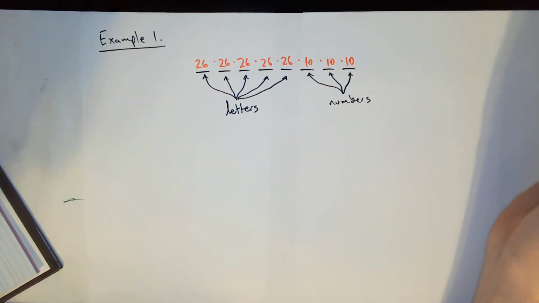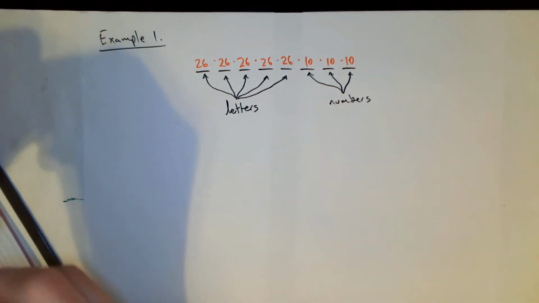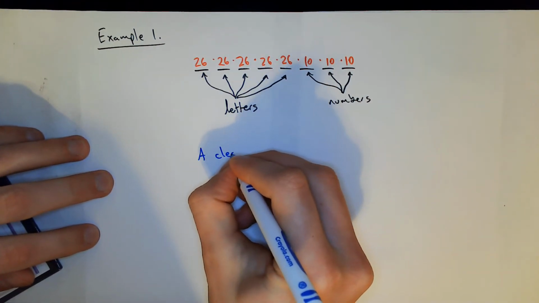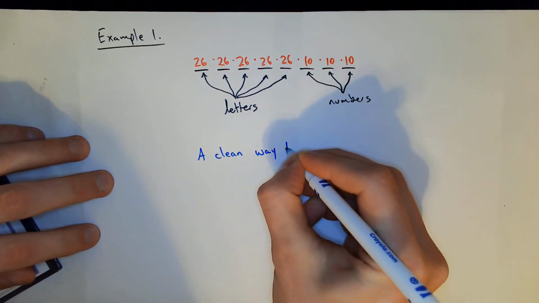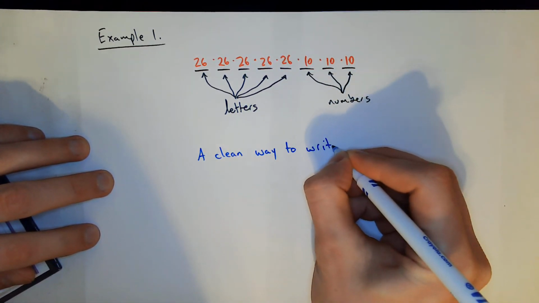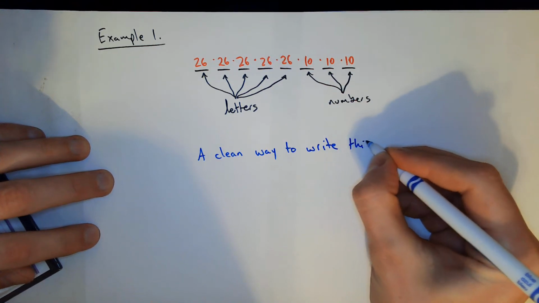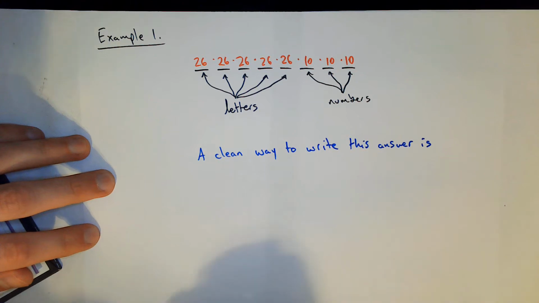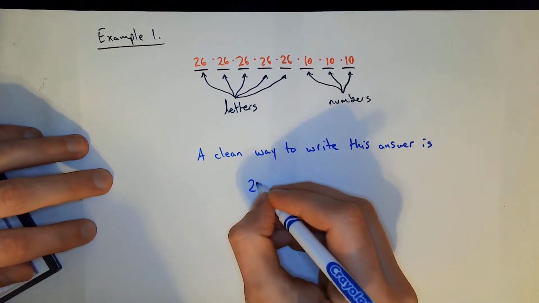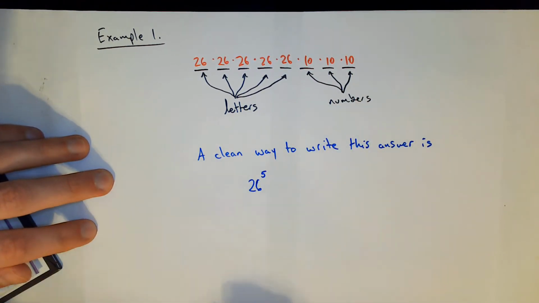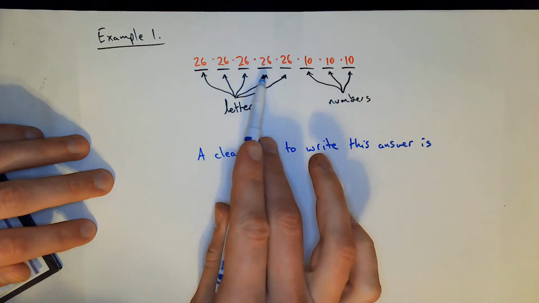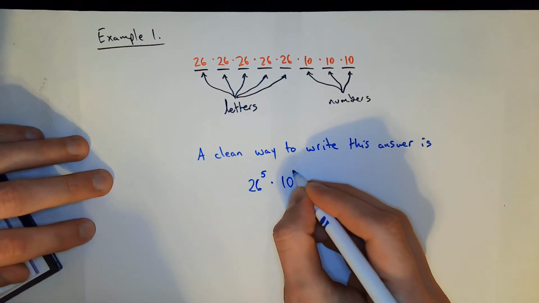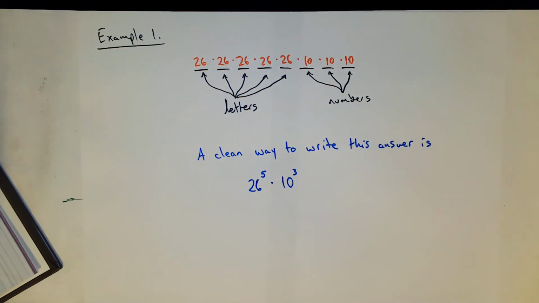So this is going to be a massive number. A clean way to write the answer, because I'm basically done at this point, is with exponent notation. So 26 to the 5th power, because there are 5 of them, right? 26 times 26 times 26 times 26, etc., 5 times. And then times 10 to the 3rd power, because there are 3 tens.